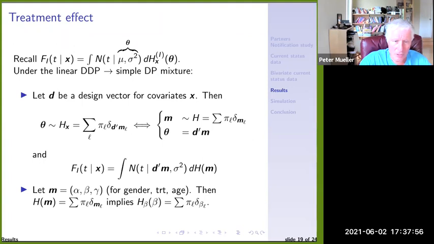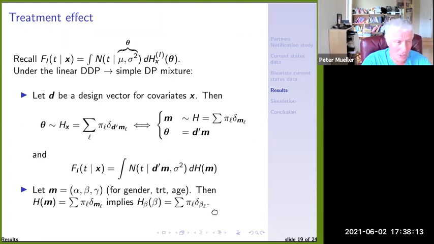And that was one of the reasons why we chose the DDP, the dependent Dirichlet process mixture, because that makes it very easy to tease out inference on a treatment effect.